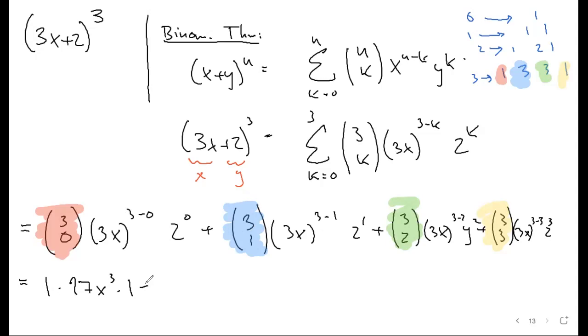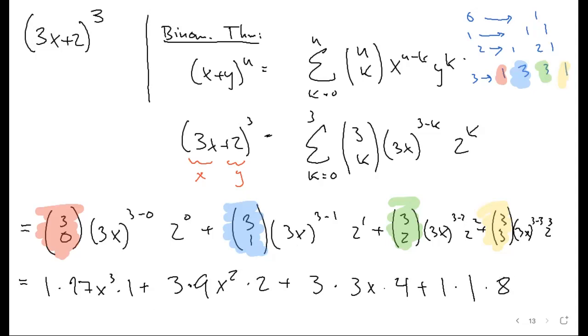Actually, let me just write that so it's clear. 3 choose 1 is 3. 3x squared is 9x squared. 2 to the first is just 2. 3 choose 2 is 3. 3x to the 1, y squared. Oh, this y squared should have been a 2 squared. Excuse me. So 2 squared is 4. And then 3x to the 3 minus 3 is 1. And then 8 is 2 to the third.